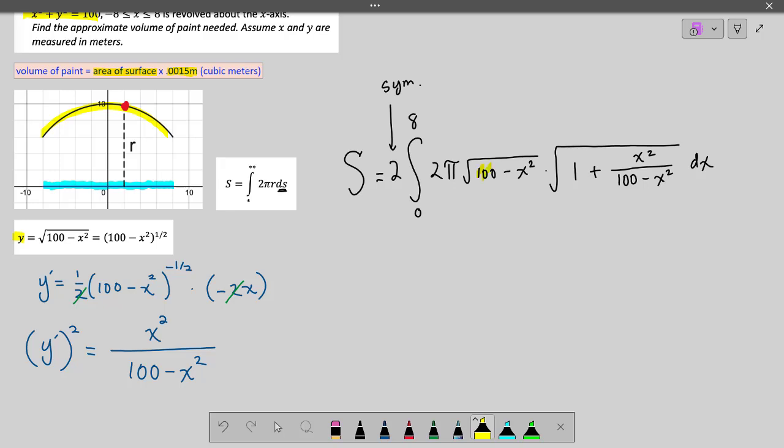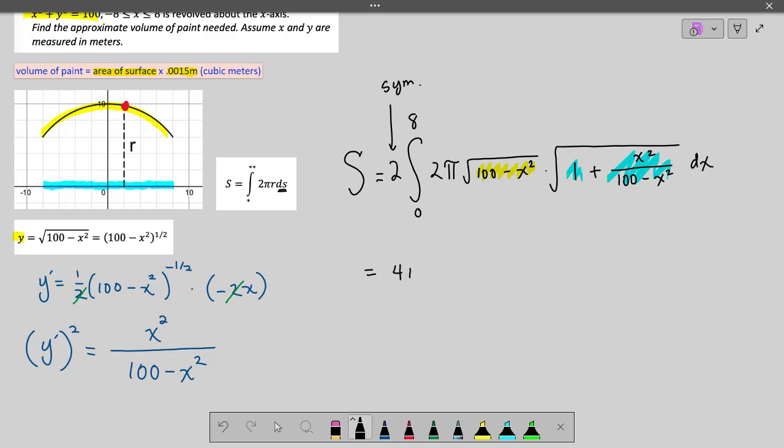And the inside then of this square root is going to be distributed to the inside over here. So it's going to be multiplied to the 1 and then multiplied by that fraction. So very similar setup with all of these surface area ones.